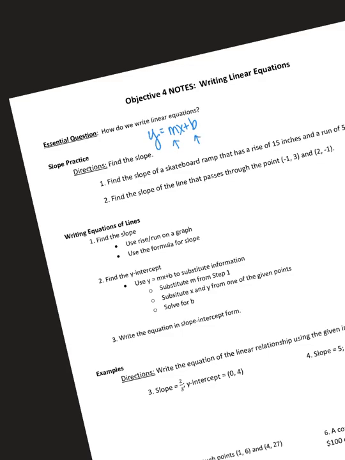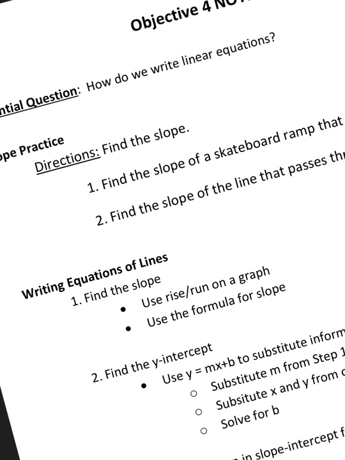Hopefully that's familiar to you from the previous video and from Algebra 1. So, quick review. These questions asked us to find the slope, so a quick review of what slope is. Slope is the rise over the run. It is the change in y over the change in x.